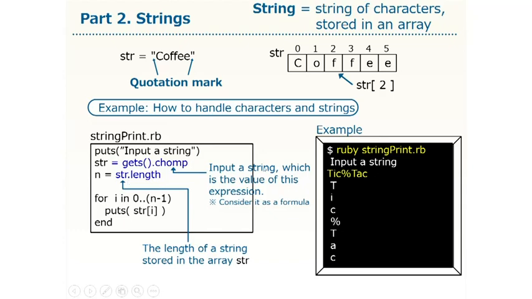In this example execution, 7 is put into n because TIC%TAC consists of 7 characters. Then the computer executes this part, that is the for loop. As the variable i changes from 0 to n-1, that is 6 in this example, the value of the ith box, str[i], is displayed on the screen.